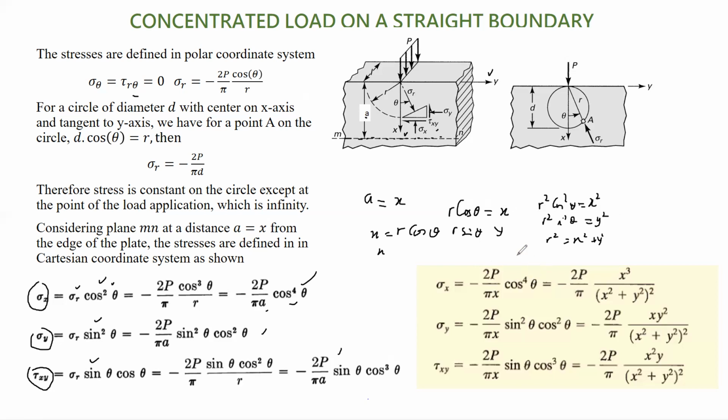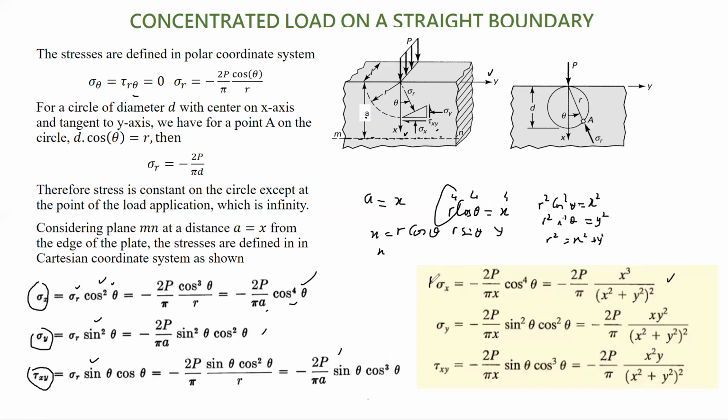And cosine to the power 4 theta would be this to the power 4. So it would be x to the power 4 divided by r to the power 4, and you can work it out. r to the power 4 would be x squared plus y squared to the power 2, and you end up with this equation. I have one x here, which cancels with x to the power 4, so it becomes x cubed.